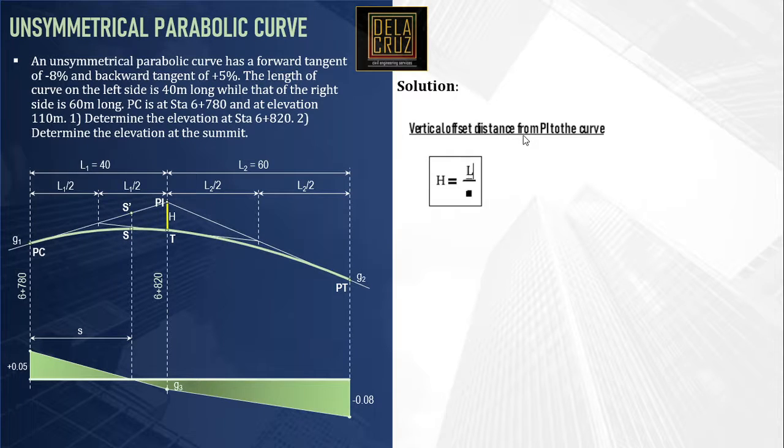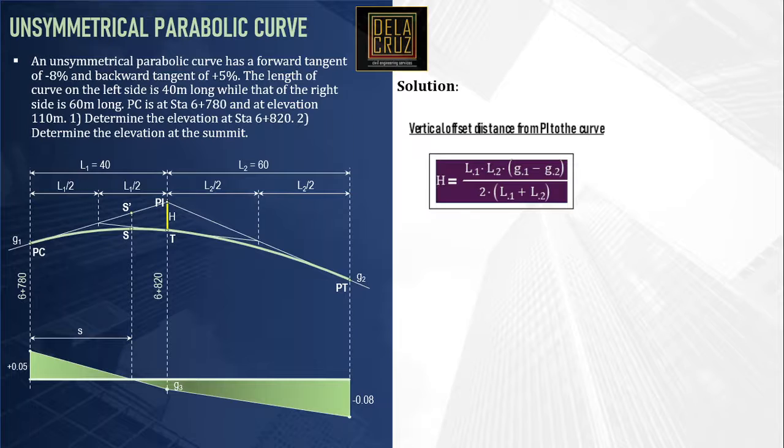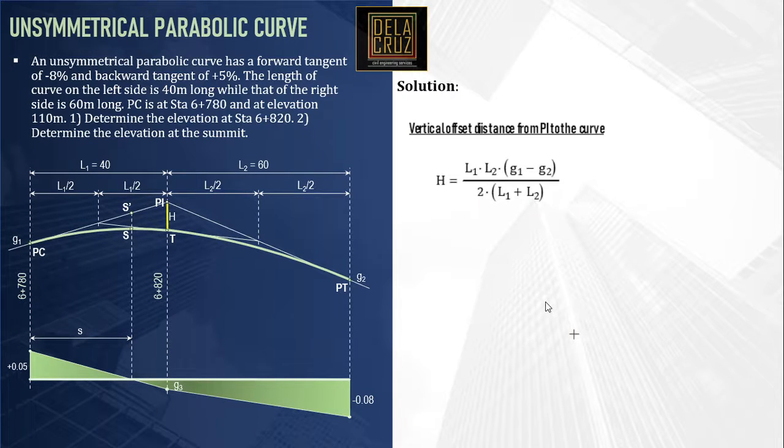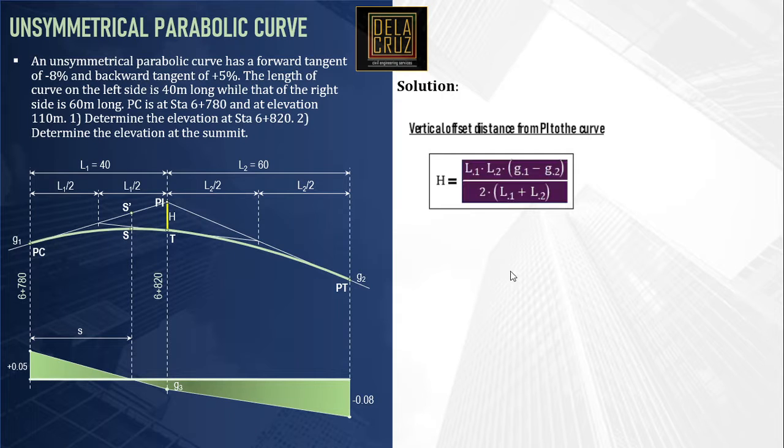H is equal to L1... this is the formula to calculate the value of H. This is specifically for unsymmetrical curve. For symmetrical curve, we also have a formula for the value of H. Specifically, this is for unsymmetrical curve.